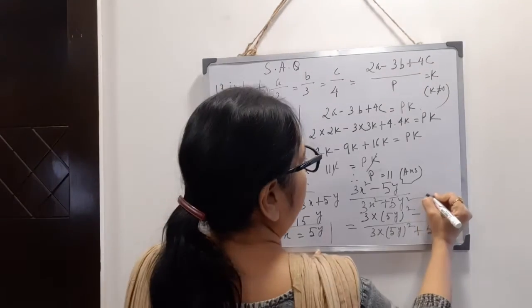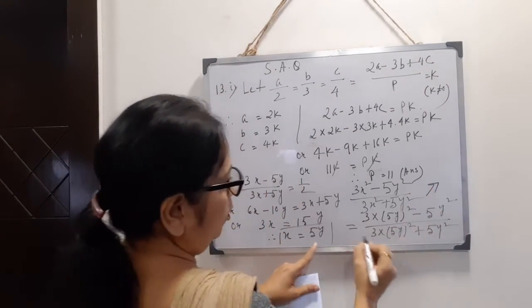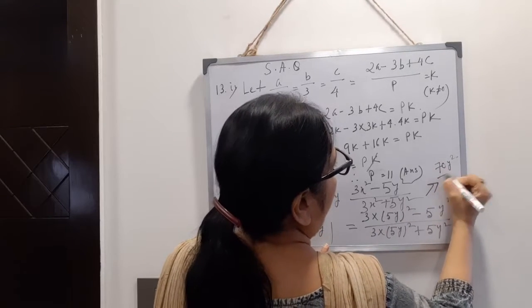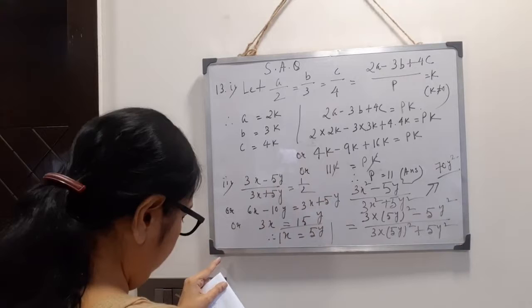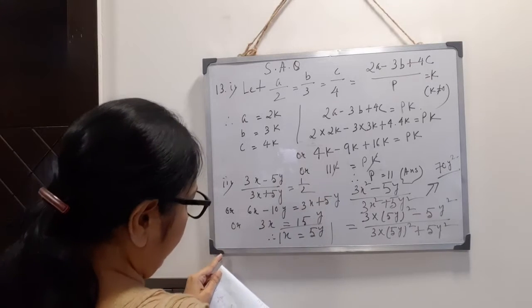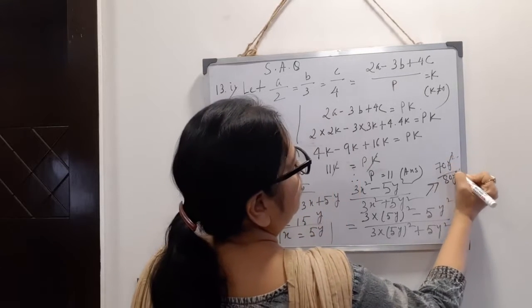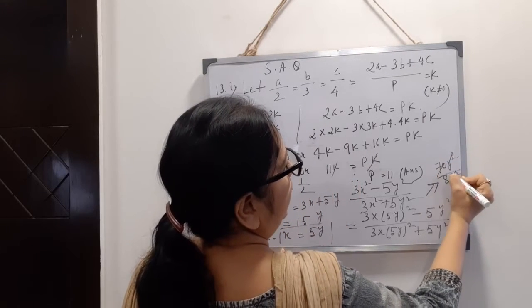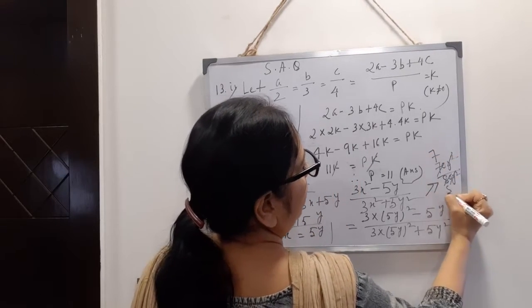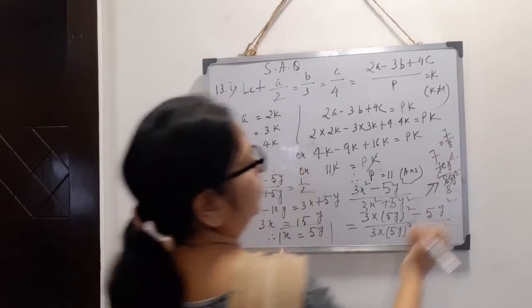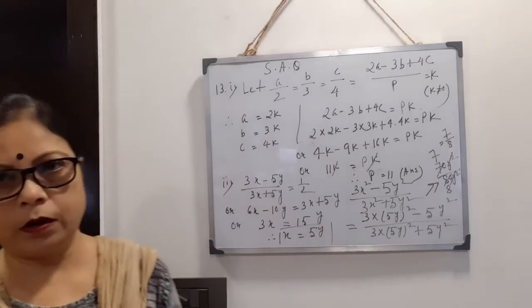So numerator you are getting 70y square, and denominator 80y square. Y square you cancel, and by 10 if you divide, 7 by 8. So your answer is 7 by 8. This is your sum number 2.